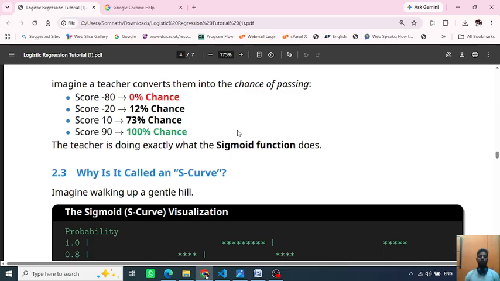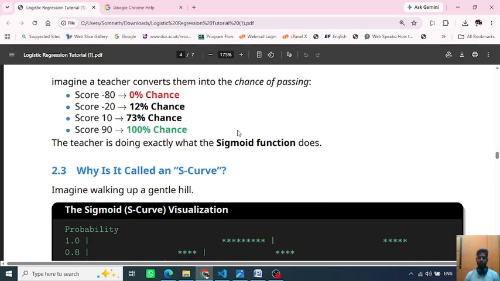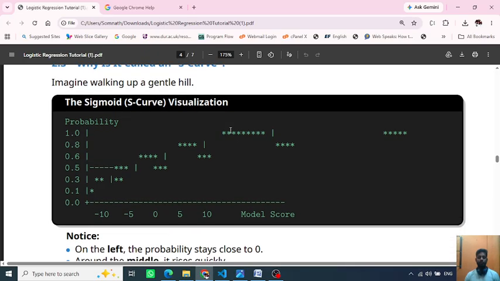Now, why is it called an S curve? Sometimes the sigmoid function is also called an S curve. Let's look at this graph. Here the raw model score is on the x-axis, and the probability is on the y-axis.